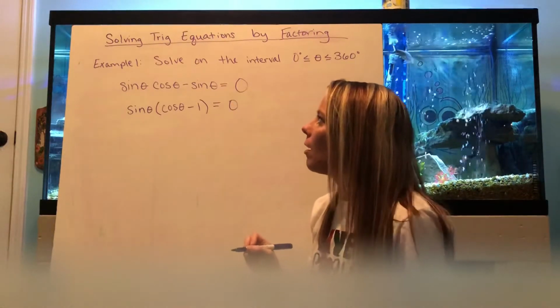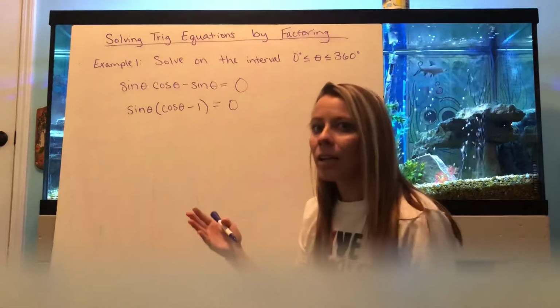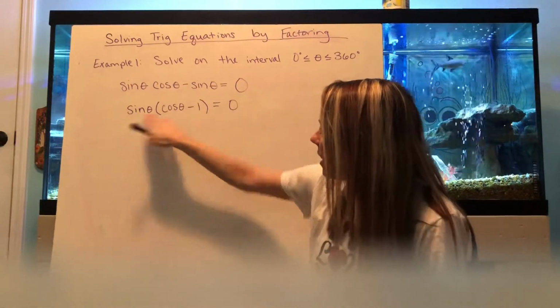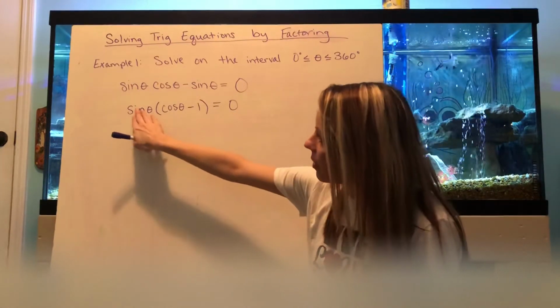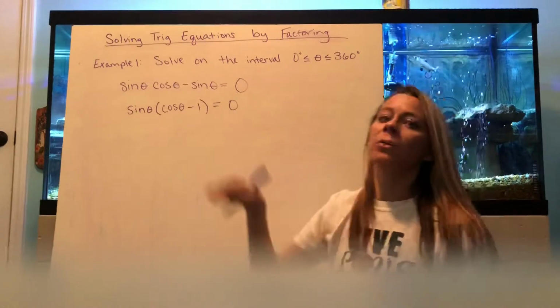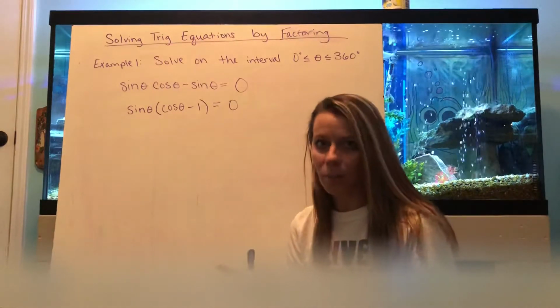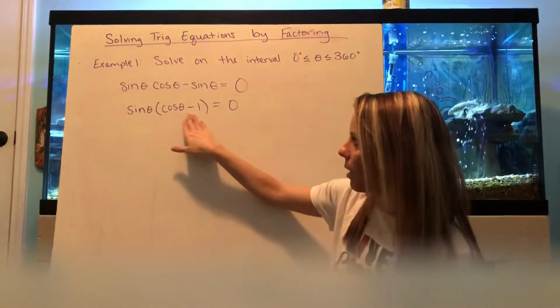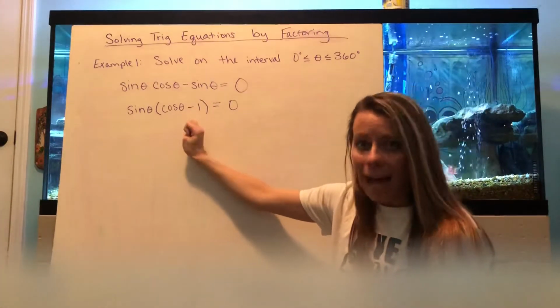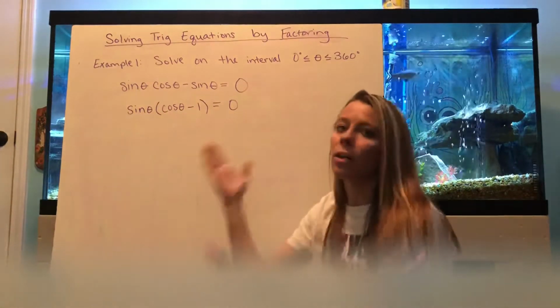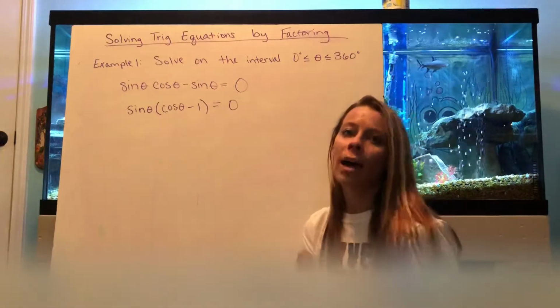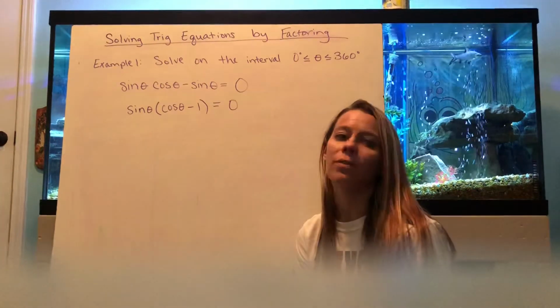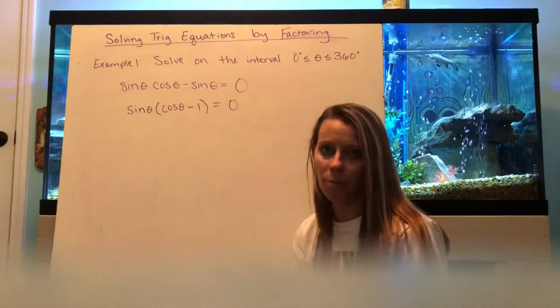Okay, so from here, if sine theta equals 0, then 0 times this quantity would be 0, just like in regular algebra. Also, if cosine minus 1 equals 0, that times sine theta would also equal 0. So now I have two equations just like I would for a normal algebra factoring problem.